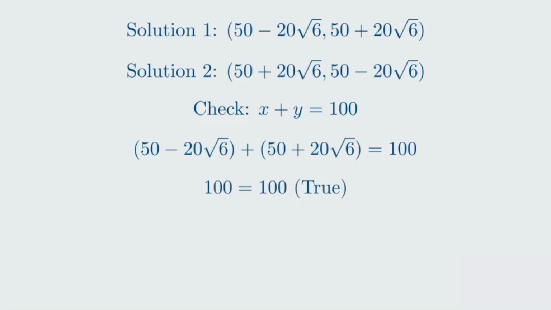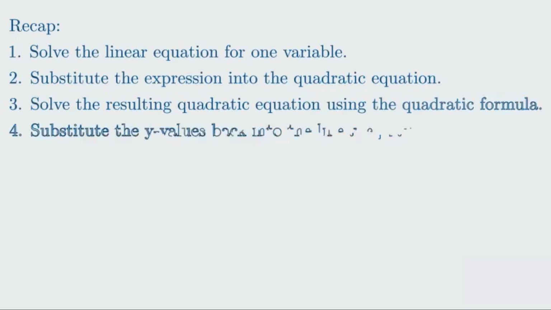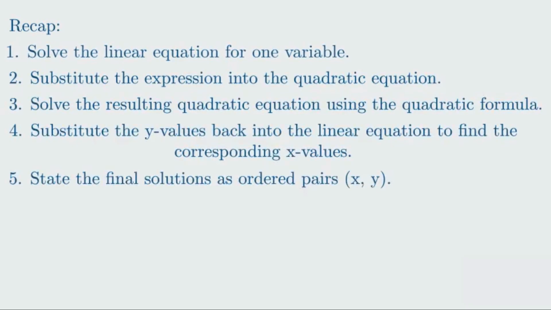So, let's recap what we accomplished today. We successfully solved a system of one linear and one quadratic equation. Here's a quick summary of the steps we followed. First, we solved the simple linear equation, x plus y equals 100, for x. This was our first step. Second, we substituted that expression for x into the quadratic equation, xy equals 100.